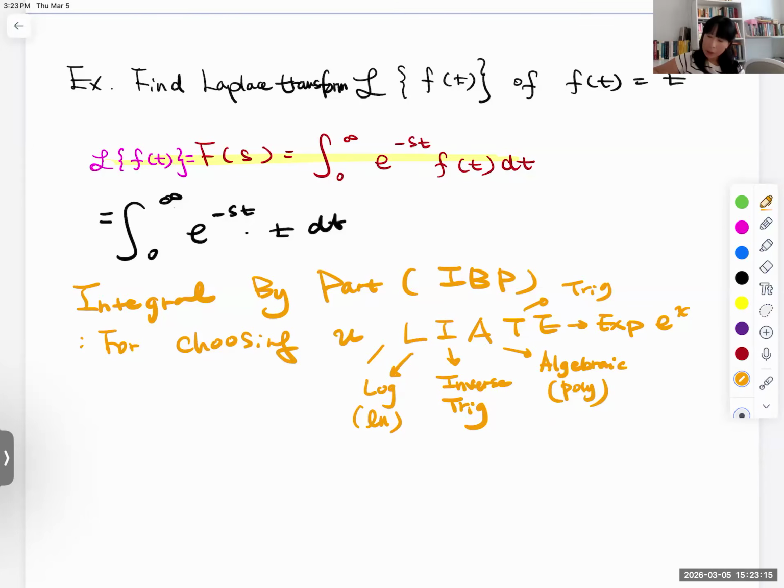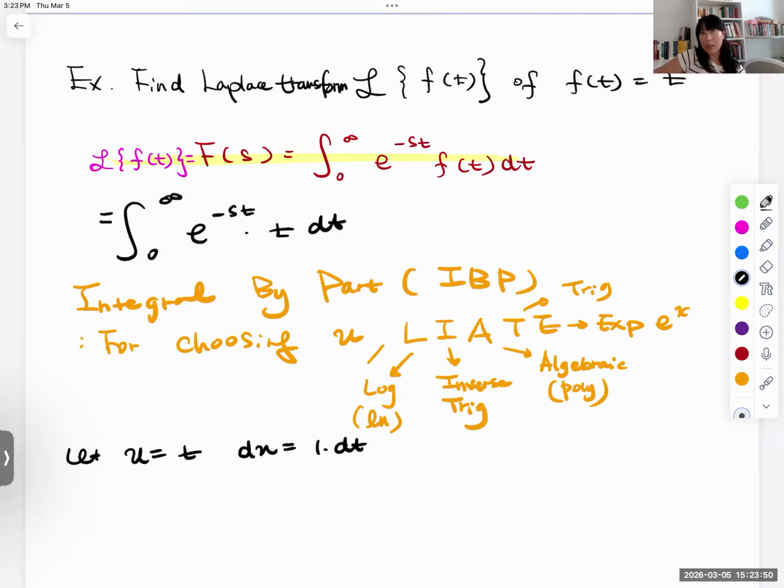Since we have an exponential function here, it will always be last, no matter what. In that case, let u equal t. The derivative is du equals 1 times dt.